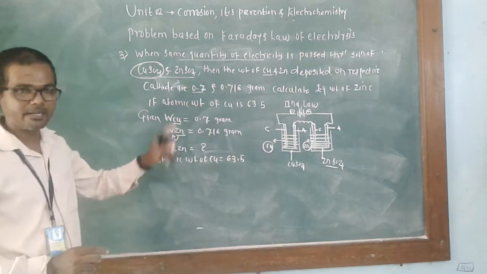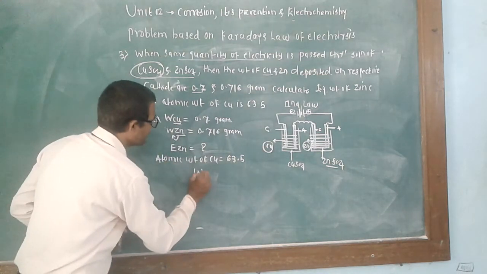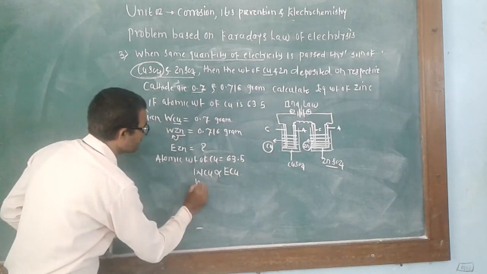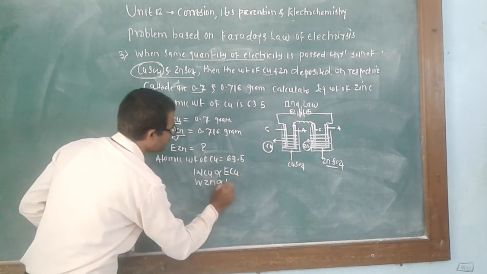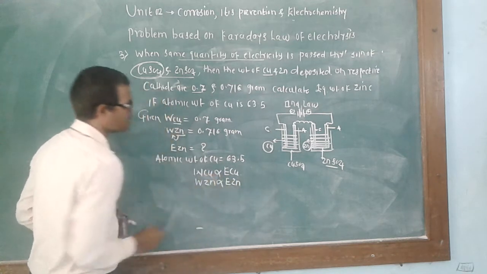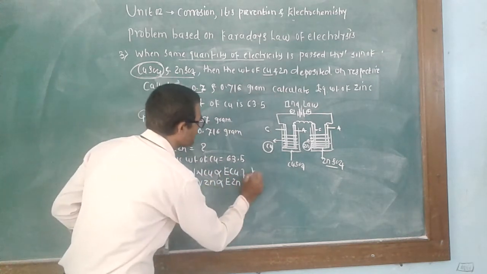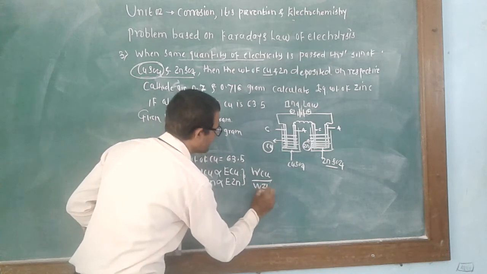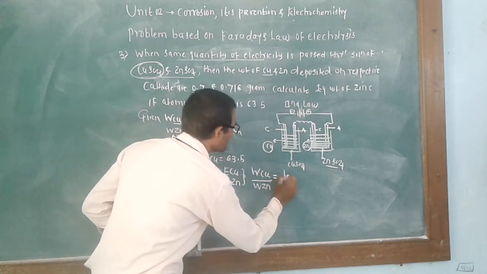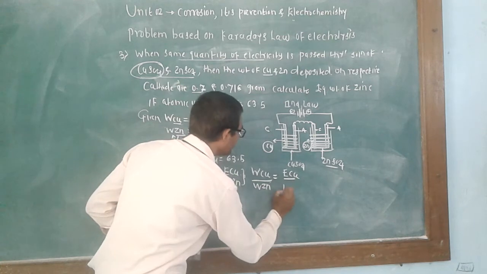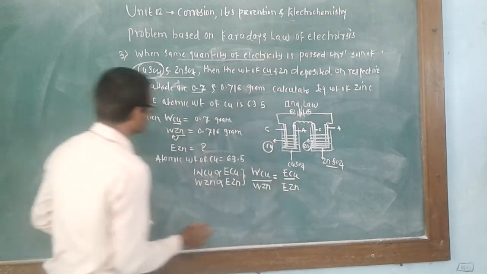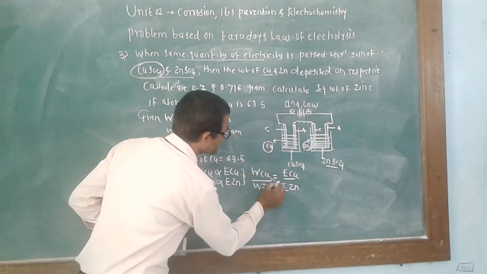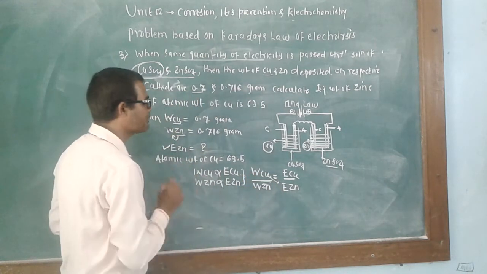According to Faraday's law, W copper is directly proportional to E copper and W zinc is directly proportional to E zinc. So by dividing the equations, you will get the formula W copper divided by W Zn is equal to E copper divided by E Zn. So here we are going to calculate the E Zn. You just do cross multiplication.